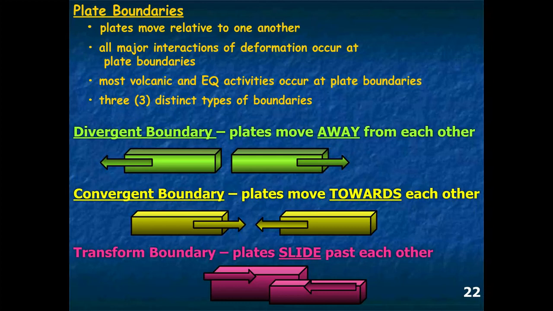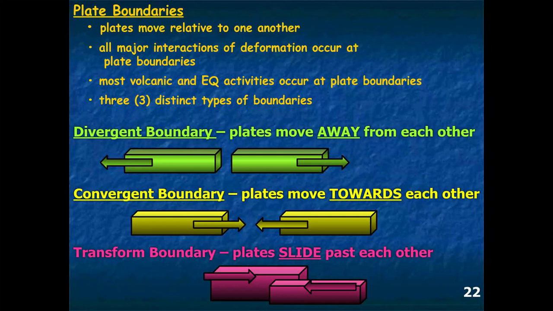And there actually is a fourth boundary known as the intra-plate boundary. This is where we have what we call a hot spot, or magma that is pushing up through the lithosphere, and the magma chamber or the magma itself is stationary. It does not move. And typically the plate will ride over the top of the hot spot.